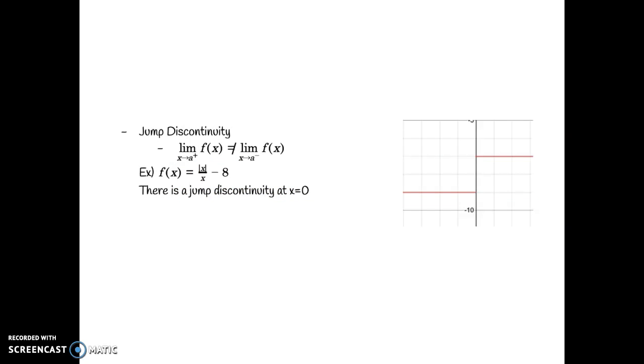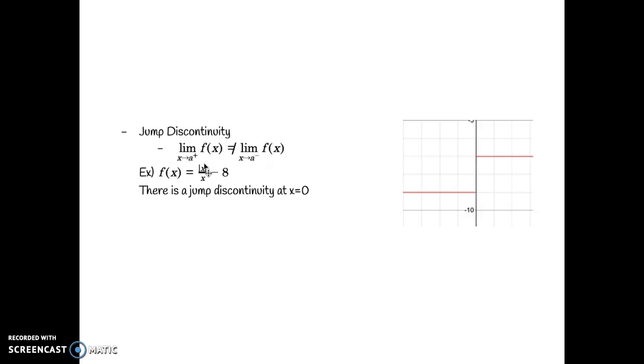Another one is jump discontinuity. This type of discontinuity will be easily seen in piecewise functions. It's when the limit as x approaches a from the right is not equal to the limit as x approaches a from the left. Let's look at this type of function.